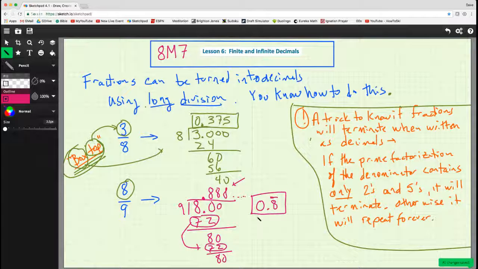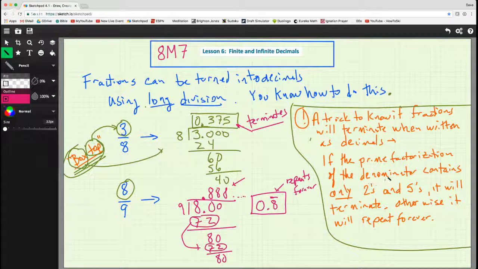Now, the first new learning, and perhaps it's new for you, or perhaps you've already learned this, is a trick to know if a fraction will terminate when it's written as a decimal. Now notice that this one terminates, and this one repeats forever.